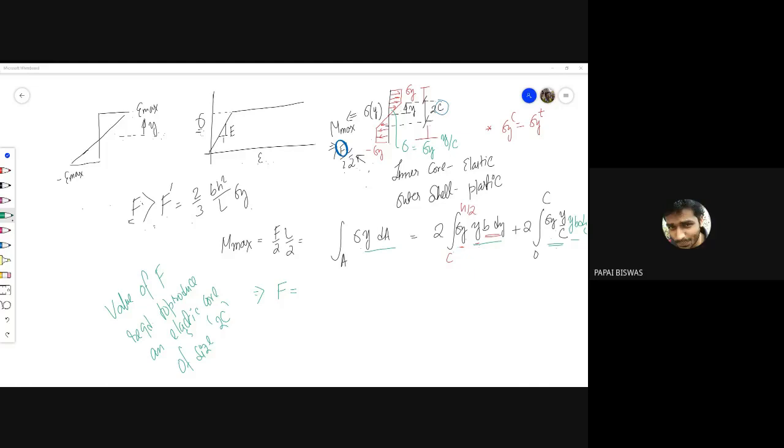F is equal to 8 sigma y B divided by L, bracket h squared by 4 minus c squared by 2 plus c cubed by 3.